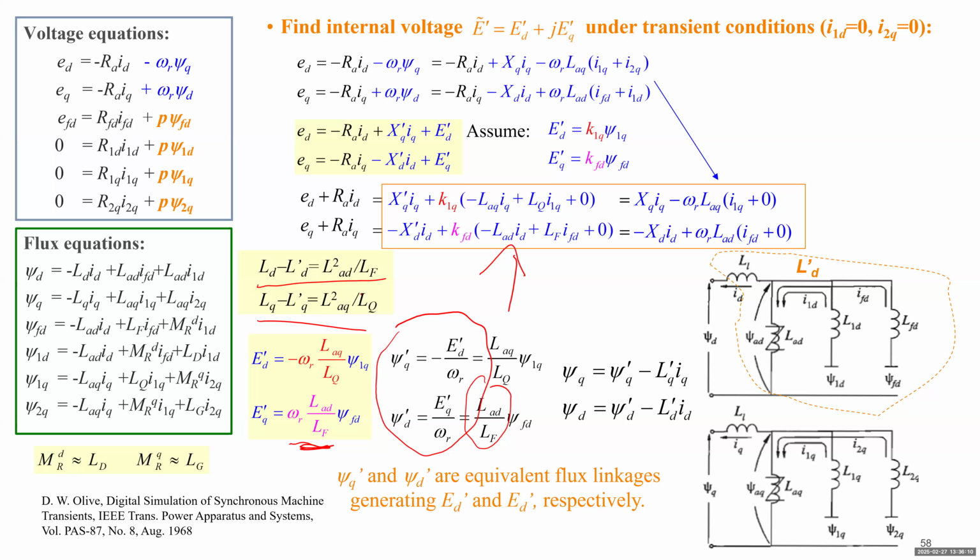That falls into the transient dynamic time frame. You ignore faster dynamics, so whatever happened in the first 1 second is not important, and after 5 seconds is also not important. Then you can use this model, and the E single prime will be important to you. Dynamics falling in that range will have a relatively constant voltage inside the generator, which is just E single prime. The projection to the D axis is ED single prime, and to the Q axis is EQ single prime. That is the meaning.